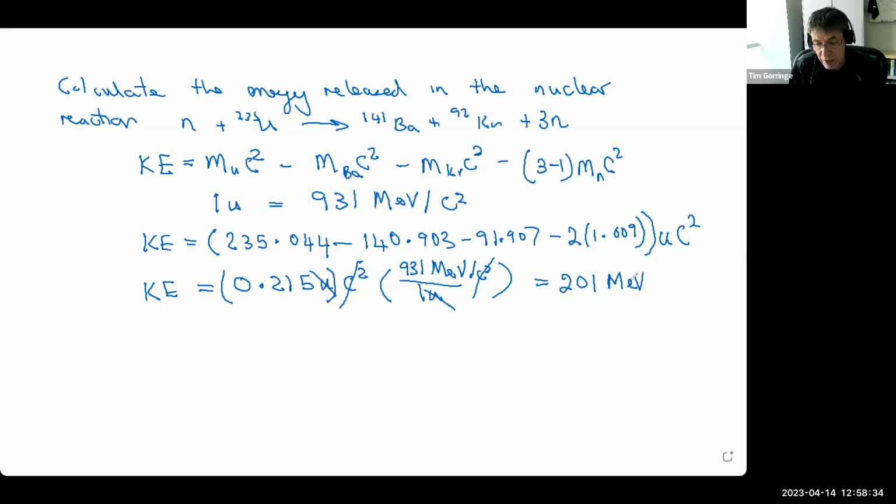This energy that's released is 200 million electron volts. So this single nuclear reaction is releasing millions, literally billions of times more energy than one single chemical reaction. That's the power of nuclear reactions.